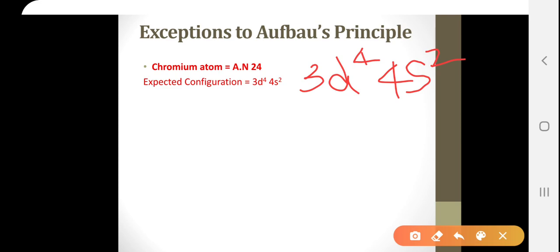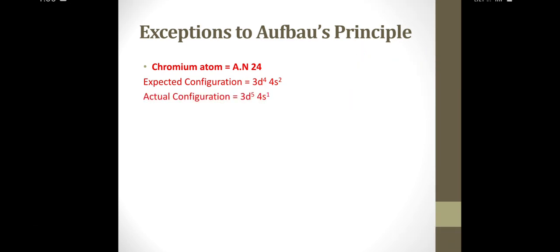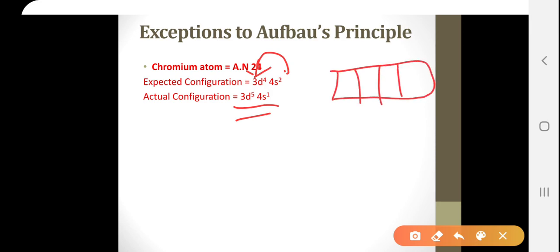While applying the order of increasing energy to each subshell, the expected configuration must be 3d4 4s2, but the actual configuration is found to be 3d5 4s1. It means one electron from 4s jumped into 3d, and while this one electron jumped to 3d, it attains the stable state.